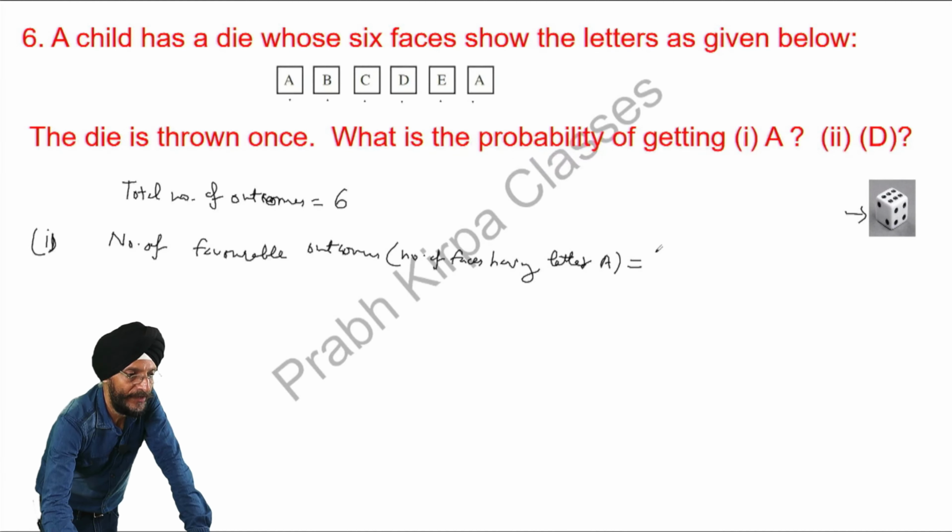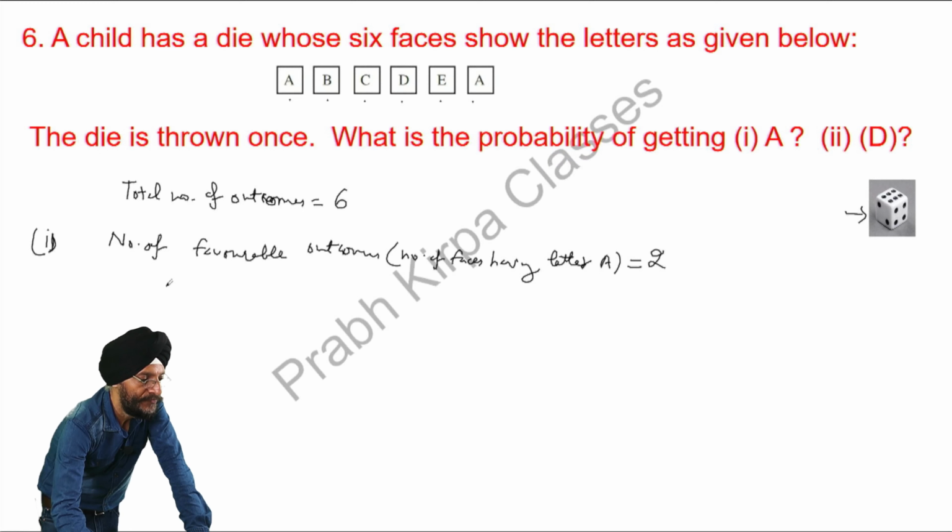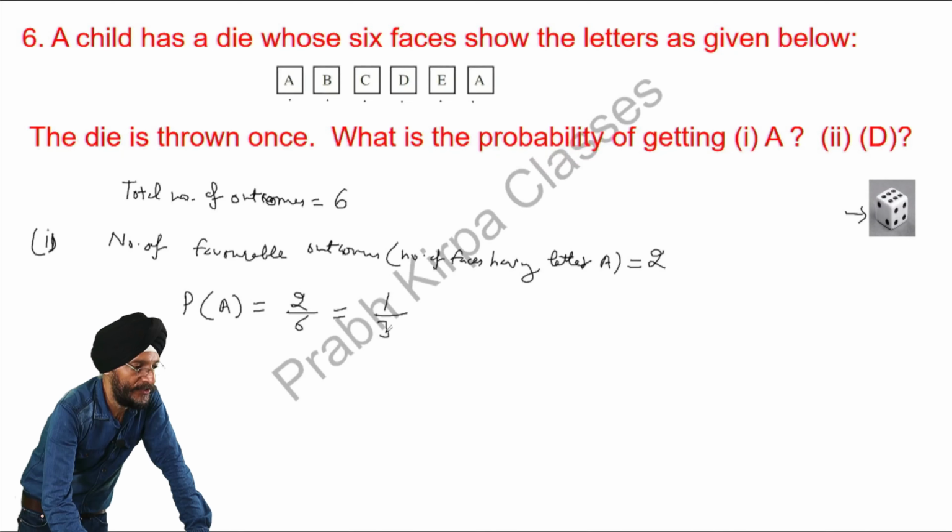So the number of favorable outcomes is 2. So the probability of getting A is 2/6, or 1/3.